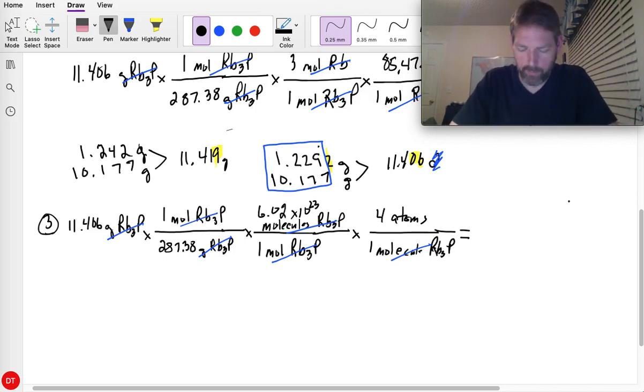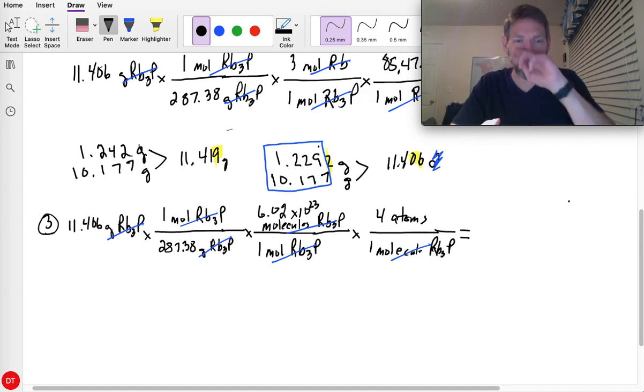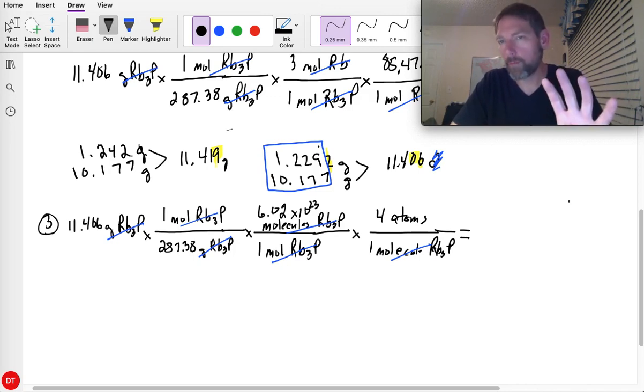So now what do we have? Times 4 times 11.406. Remember, we're just multiplying all our numerators, right? So you should get 2.7465, a bunch of numbers, times 10 to the 25th. And that makes sense if you think about it. You took 6 times 11 times 4.